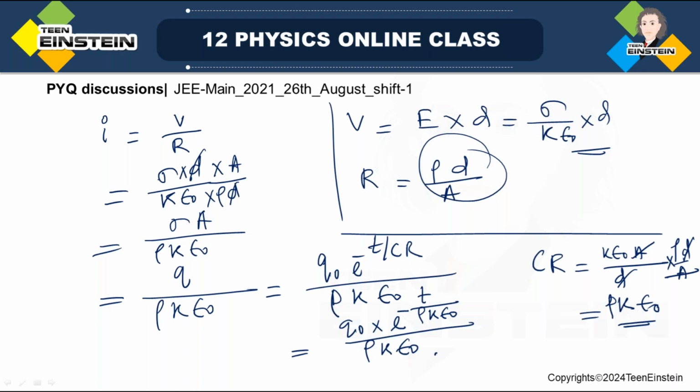So that particular situation we'll actually consider for the maximum value of the leakage current. Okay, so what will be the maximum value of the leakage current? So this exponential term will not be there in that case. Okay, steady state value. So Q0, I can write directly Q0 by this.